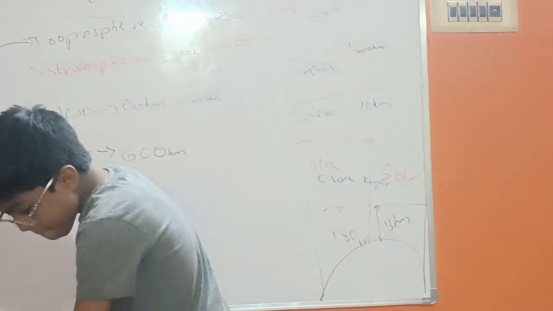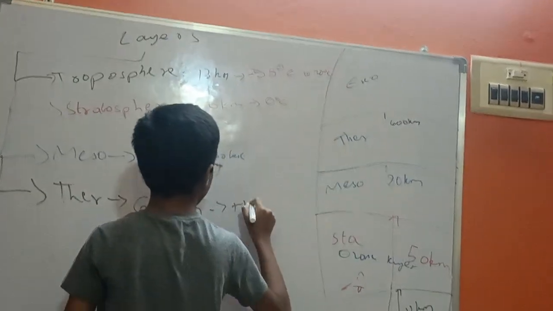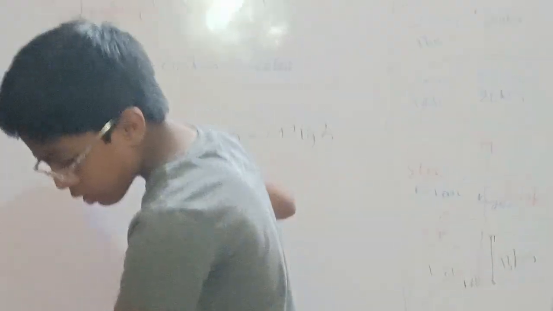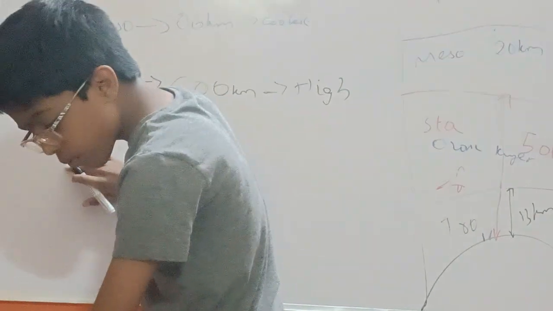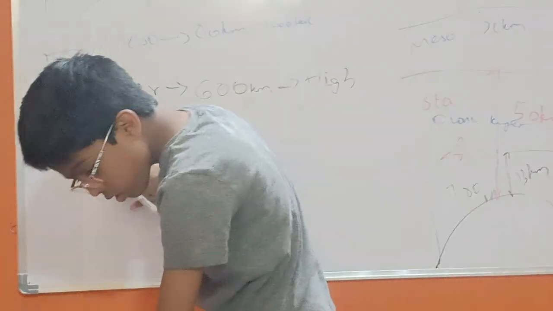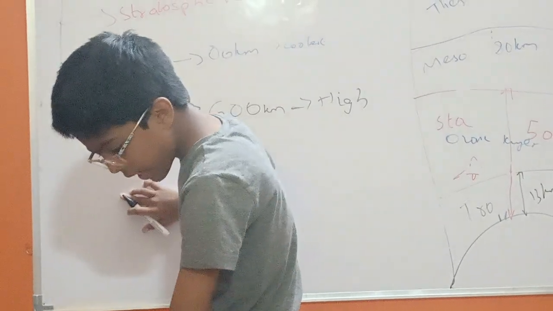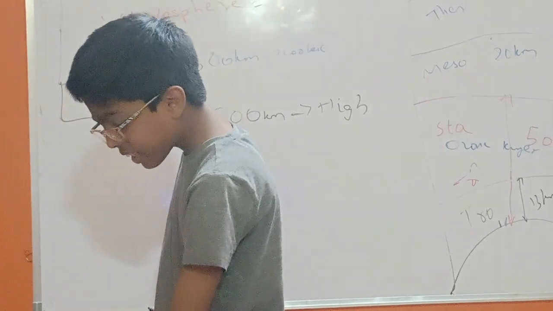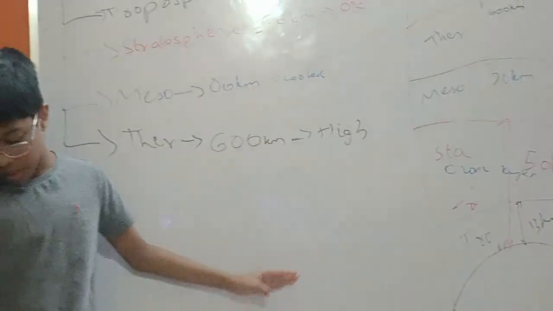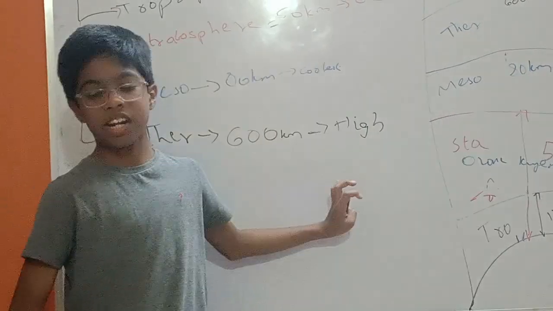And this has a very high temperature, and in this layer there will be more ions. There will be more electrically charged particles in this area. Those charged particles absorb the heat of the sun. That's why it has a very high temperature.